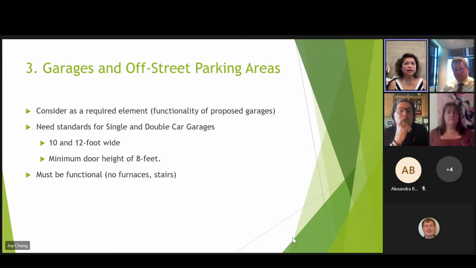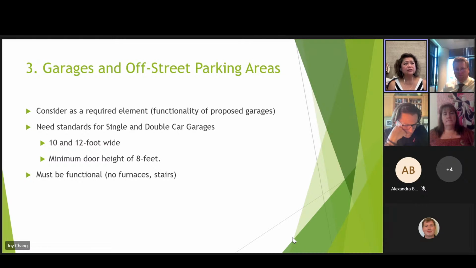Garages and off-street parking, consider a required element as far as the functionality of the proposed garage. Need standards for single and double car garages, like how wide or the minimum door height, but it must be functional, like no furnaces or stairs.